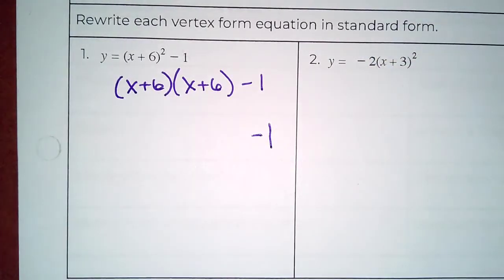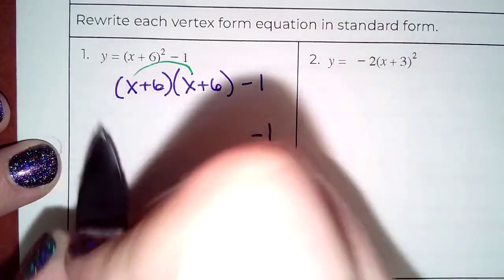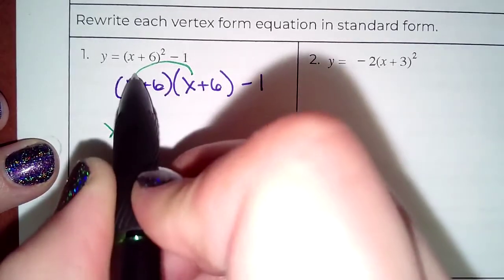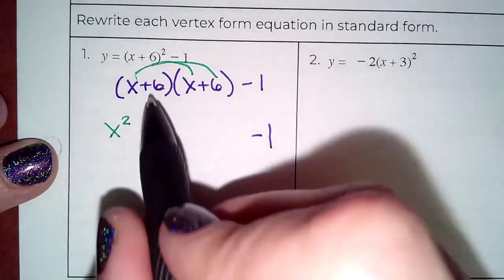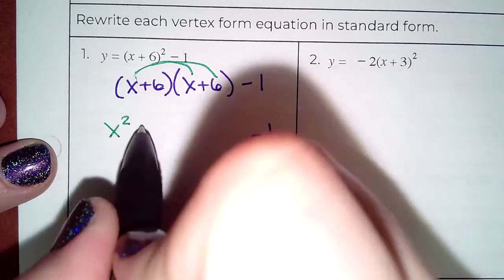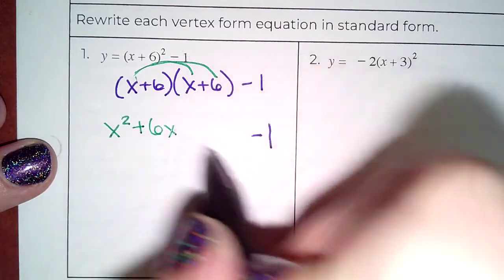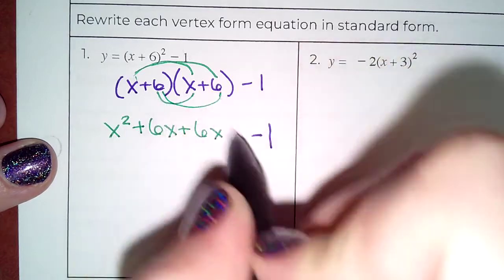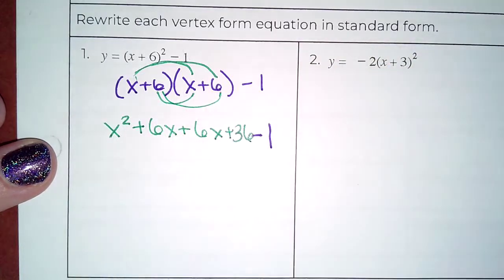So when I distribute, this is x times x, which becomes x squared. We're adding the powers. X times x was x squared. X times 6 is plus 6x. 6 times x is plus 6x. 6 times 6 is plus 36. Now combine like terms.